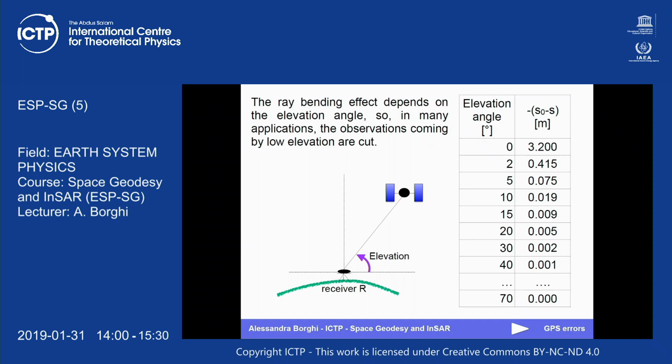Okay, so often we cut the observation at a low elevation angle. This was really done in the past. Now we try to use all the observations, also very low ones, because we are going to see that we need these observations when we use GPS for high precision applications.